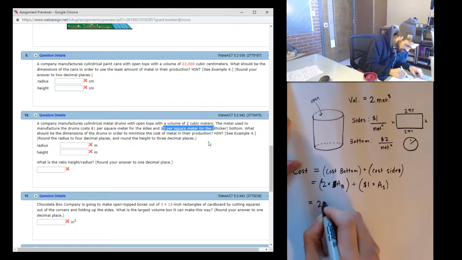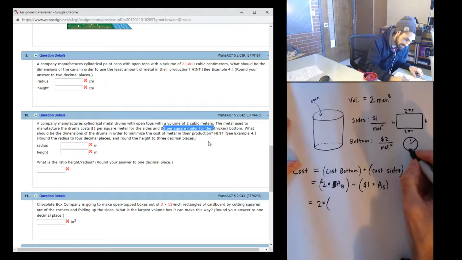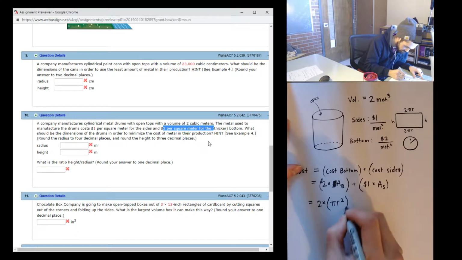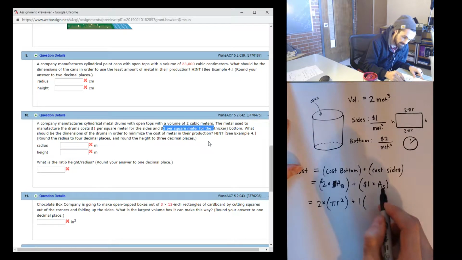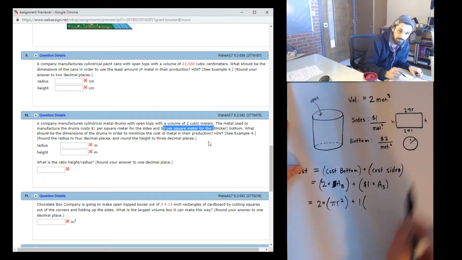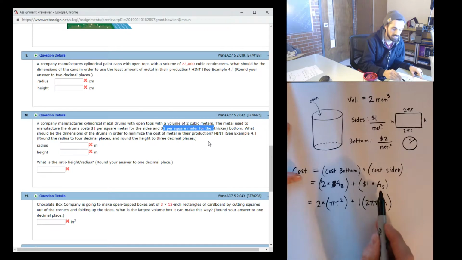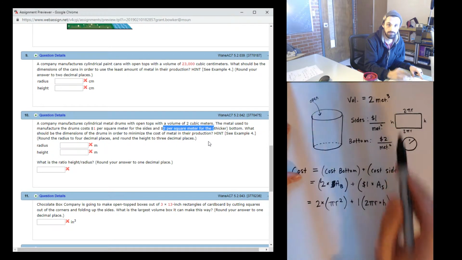So this is going to be 2 times the area of the bottom, well, the area of a circle is pi r squared, plus $1 times the area of the side. That's going to be 2 pi r times h. And that's because the area of the side really is the area of this rectangle.